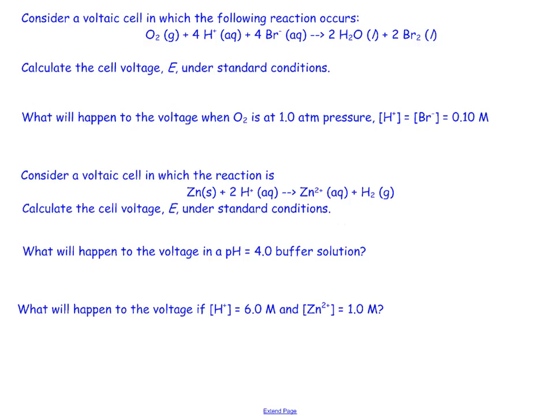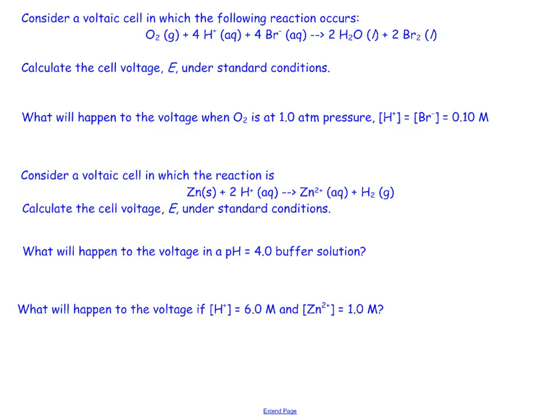So now here's your chance to try what happens under non-standard conditions. There are two sets of problems. The first one is oxygen and hydrogen ion and bromide ion. So you'll need to find the E cell for the reaction under standard conditions. You'll need your chart.